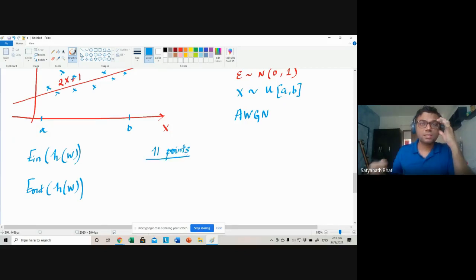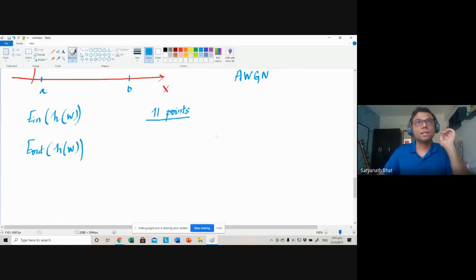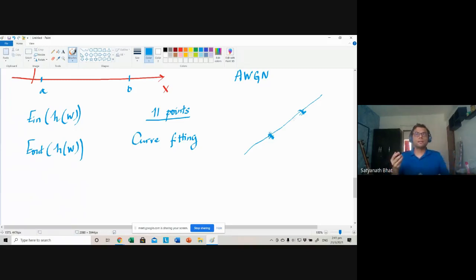We will recollect some of the things that we have learned in curve fitting. Given 2 points, there always exists a 1 degree polynomial passing through them. Everyone can understand this, right? Given 2 points, you can always find a single line that passes through them, easy.